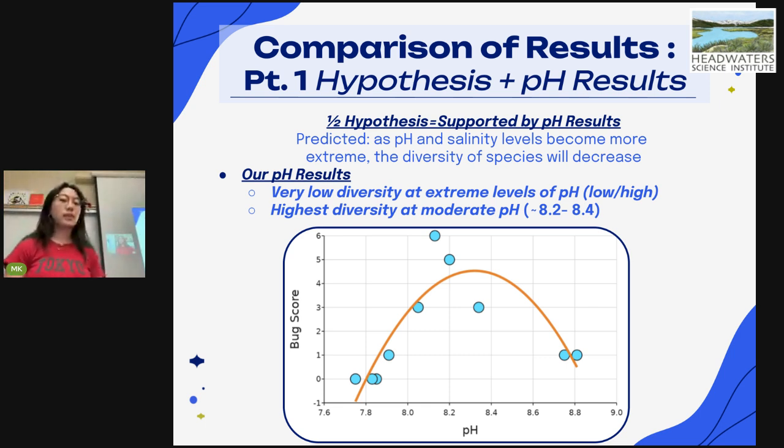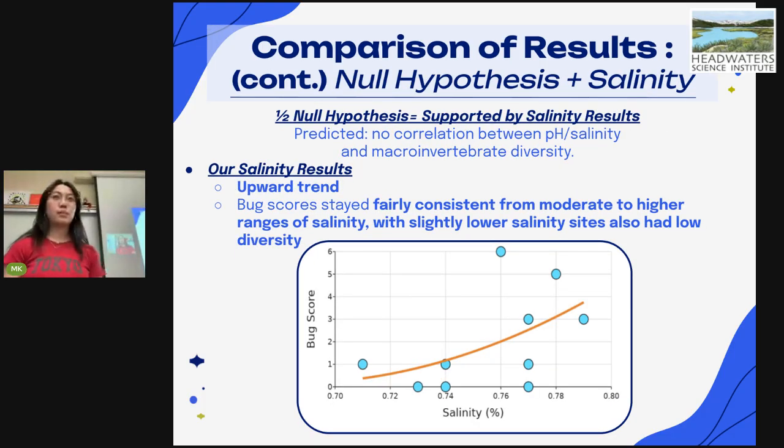As we can see on our graph, we see that parabolic trend where we have very low diversity at the extreme levels of pH, which is the left and right hand side of the graph. And then we also see that higher diversity, which is the highest bug score or peak, within our moderate pH range.